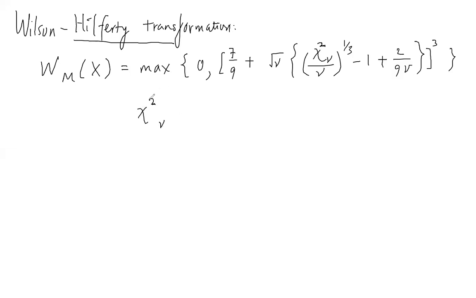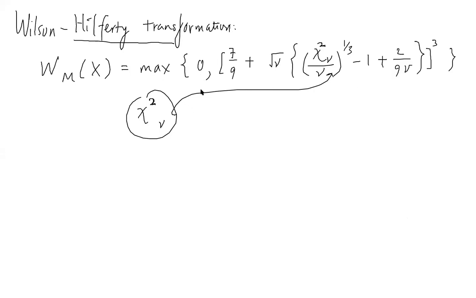Okay. So you put in this value, you plug in here, you compute this. Which one is larger? If this value is negative, then you will replace it with 0. Otherwise it will take this value.